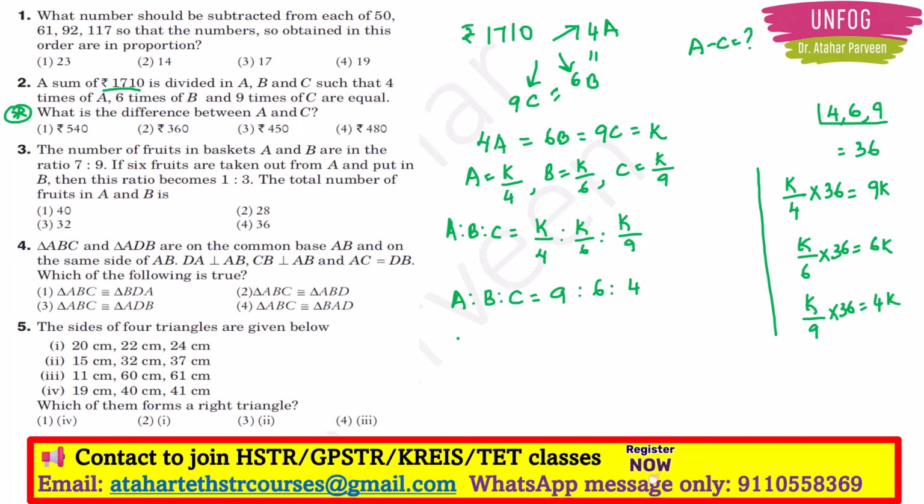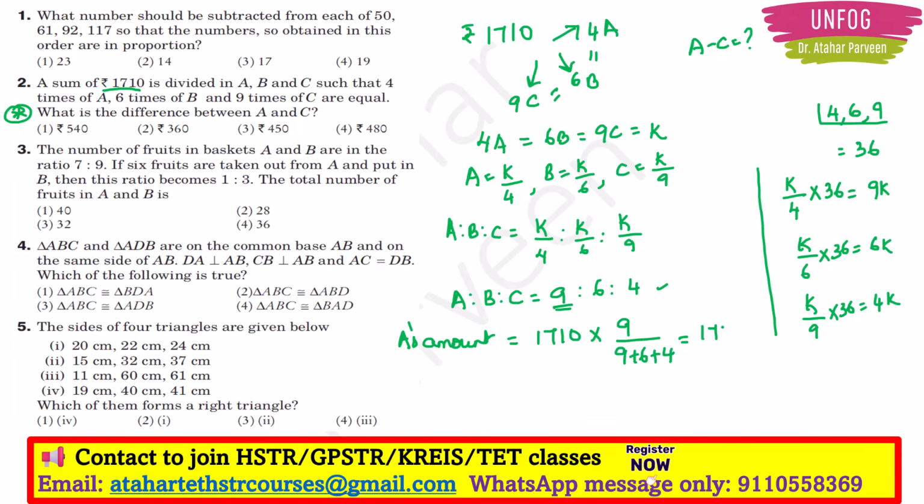Then I will subtract the amount between A and C, right? So what will be A's amount? To find out A's amount, I have to take total amount 1710 into A's portion, which is 9, divided by entire thing. What is the entire thing? 9 plus 6 plus 4, like this.